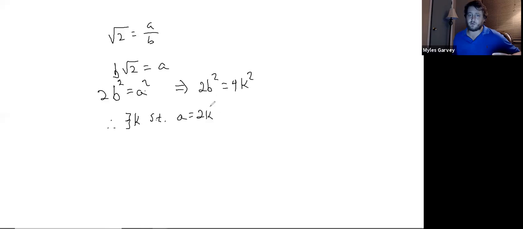Divide both sides by 2. I get B squared is equal to 2 K squared. And B squared is an even number, 2 times a number, right? And because B squared is even, that means B also must be even. And therefore, there exists a K2 such that B is equal to 2 times K2.